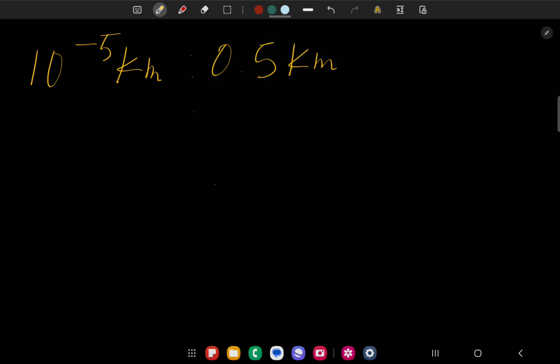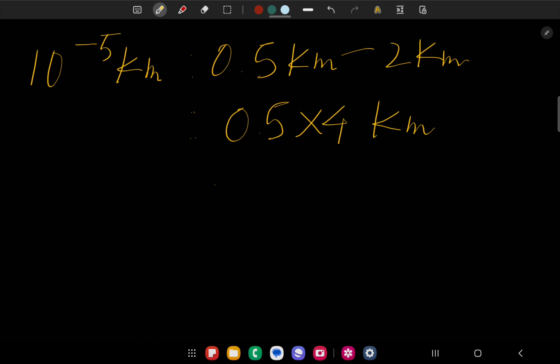All right, so we got this: 10 to the power minus 5 kilometer is to 0.5 kilometer. They said that if it is 2 kilometer, what will be the distance on the map? So let's make it 2 kilometer. If you multiply this by 4, it becomes 2 kilometer.